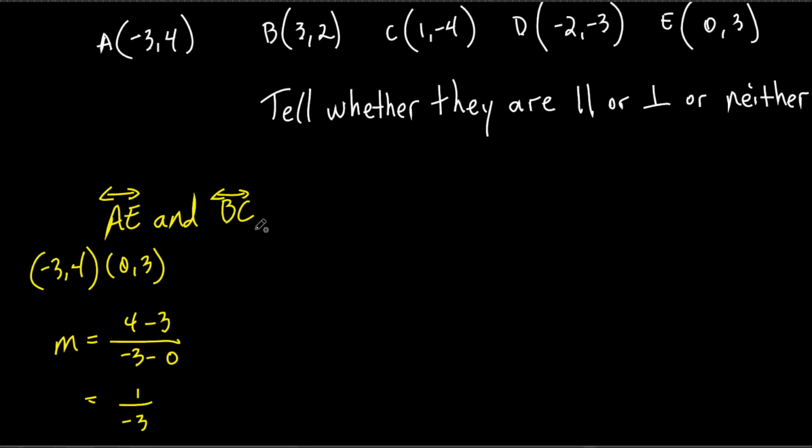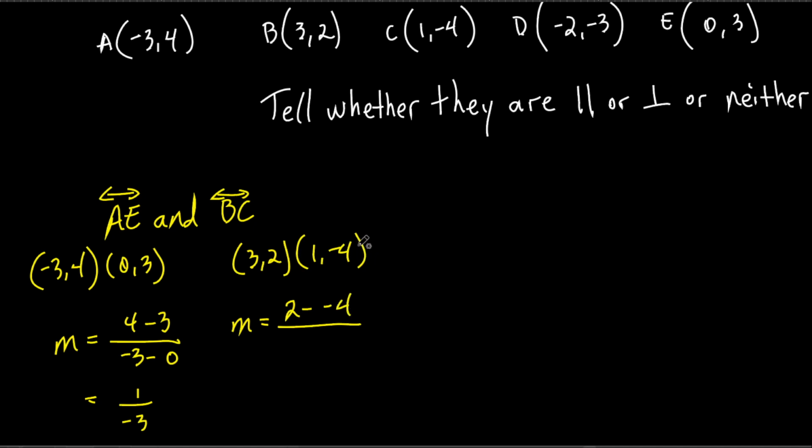Does that mean these two lines are parallel? No, because we don't know what the slope of BC is. AE, we know, but we don't know BC. So let's find BC. There's B, there's C. Let's write those points down. 3, 2 is B, and C is 1, negative 4. Slope is rise over run, so we subtract the y's: 2 minus negative 4.